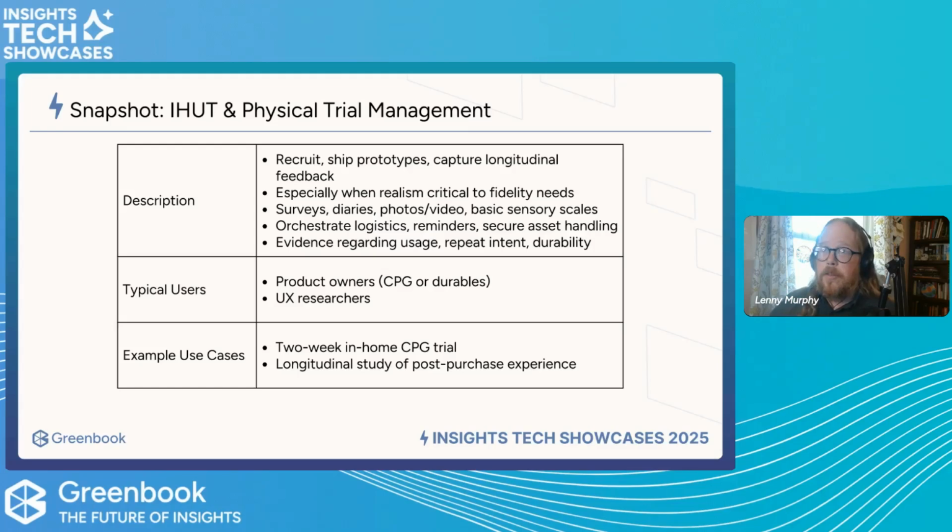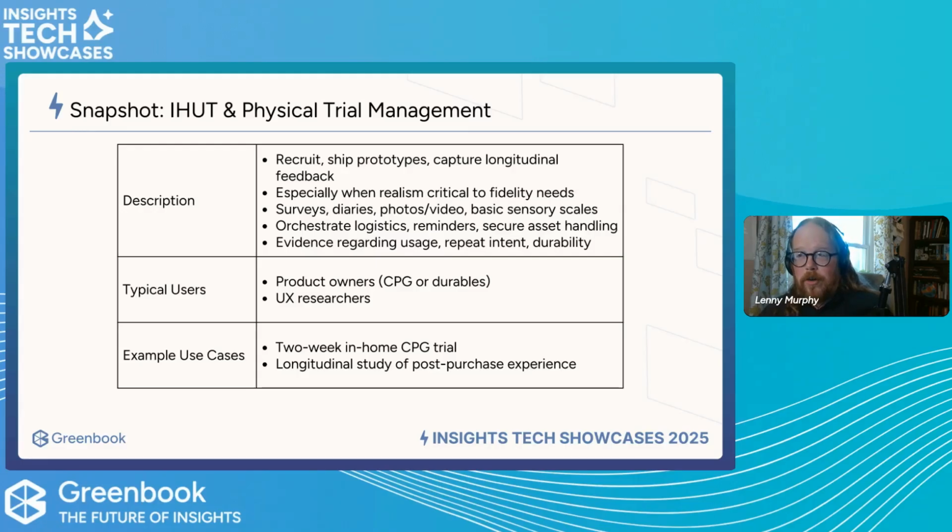iHUTs and physical trial management. I kind of cut my teeth on this in my research career early on. AI has not replaced smelling, touching, tasting today, and we may get there, but we're not there yet. So any product that fits in that criteria, you're going to want to test with somebody touching it, tasting it, smelling it.